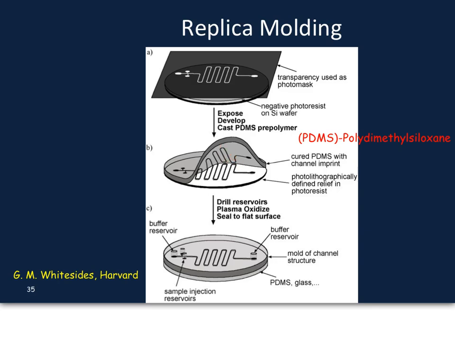And so when you peel it off after curing it, you get the channels that you wanted in the first place. Then you can take the PDMS and lay it on top of a piece of glass or other PDMS, whatever you want. Drill some holes down into it, and you've got your microfluidic device.